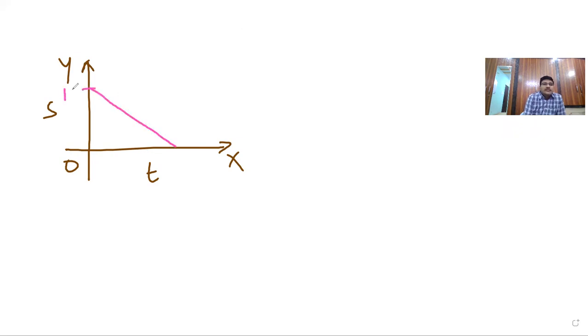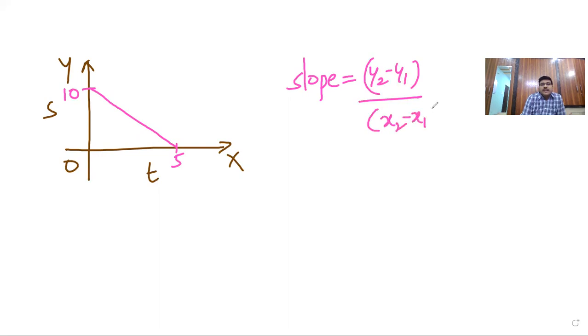Now this is 10, this is 5, this is 5. Now what is slope? Slope is y2 minus y1 by x2 minus x1. Let us say this point is A, and this is B. What are the coordinates of this A?